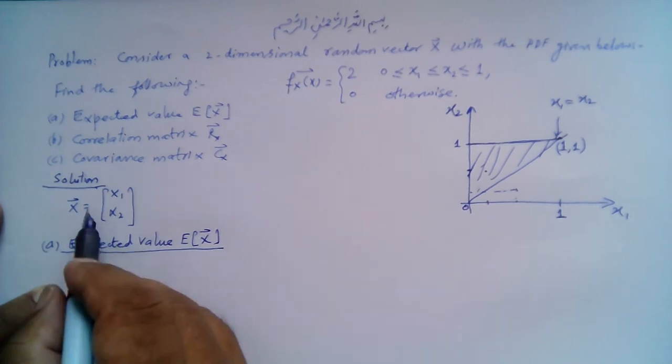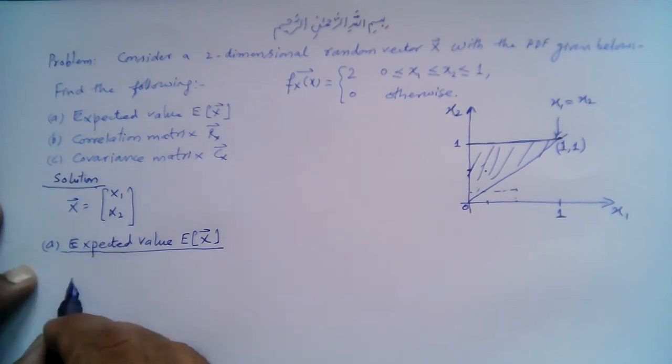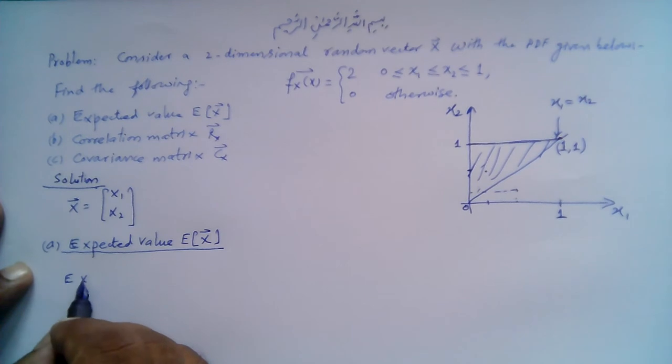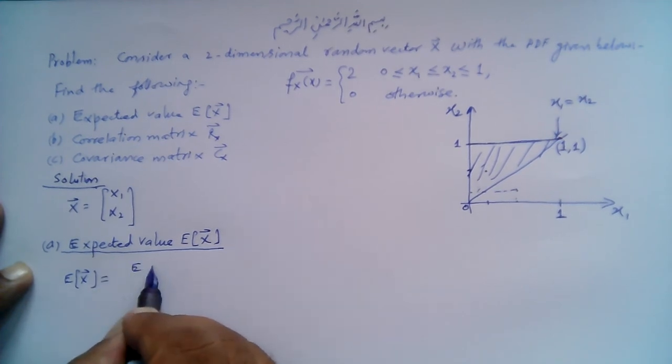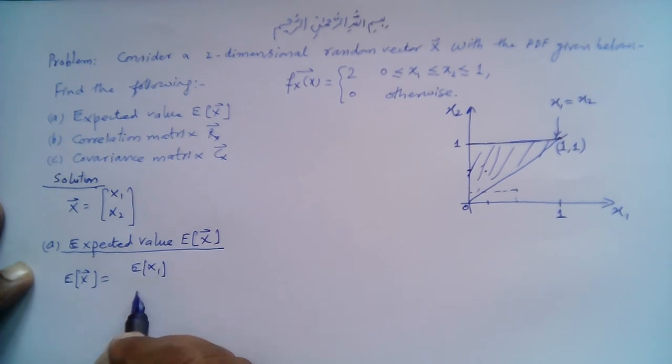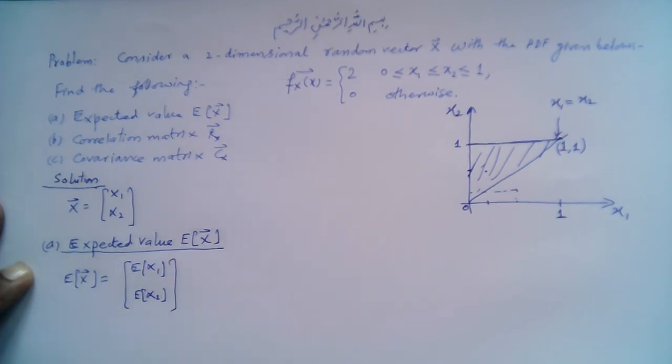As we know, x is a column vector comprising two elements, so the expected value of x is given by this column vector where each entry is the expected value of the corresponding random variable. So we need to find the expected value of x1 and the expected value of x2.